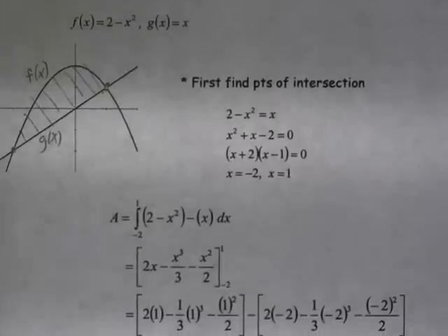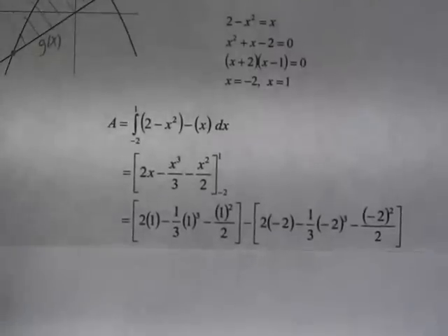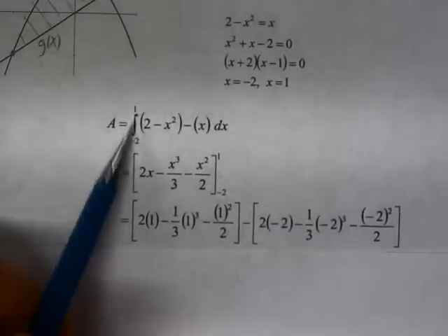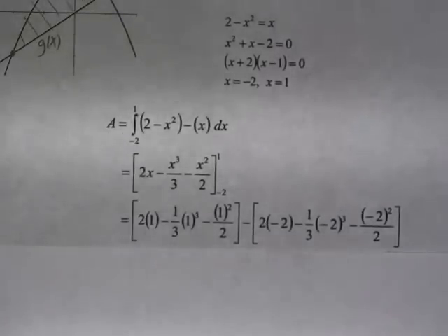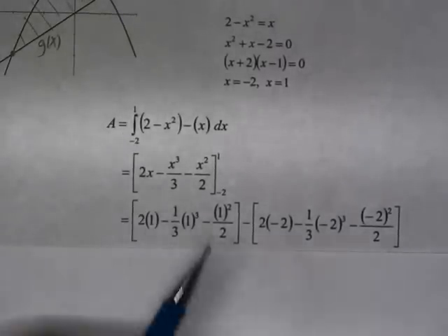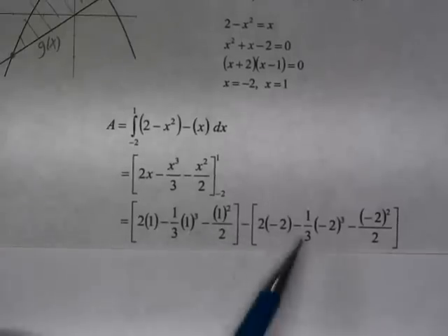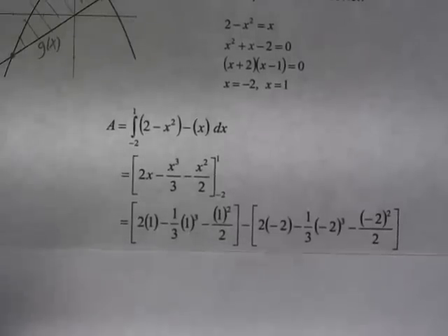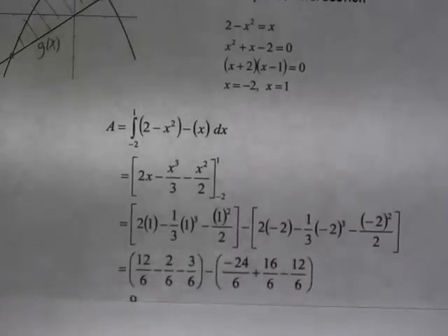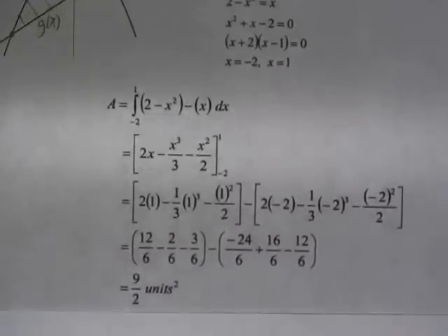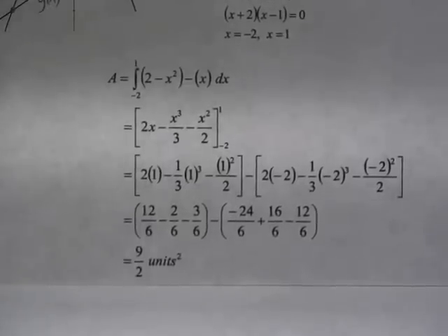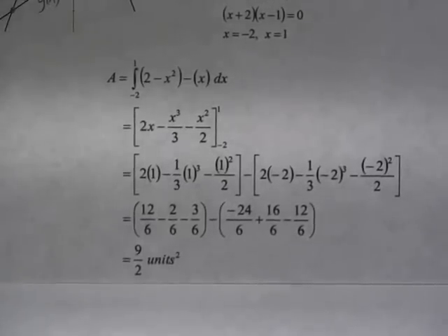You can see that the arithmetic here is a little more involved because I don't have x equals 0, which usually makes my function evaluations really simple. Here I have to actually do the function evaluations at both 1 and at -2. But I do that, I work the arithmetic out a little bit, get some common denominators, and I get 9/2 units squared, or 9/2 squared units.